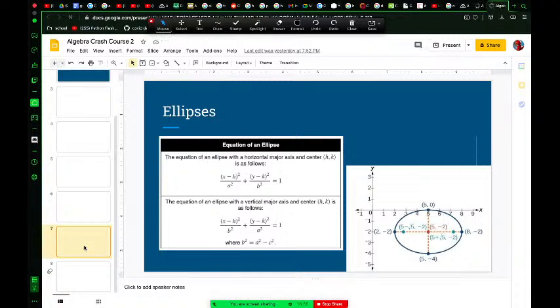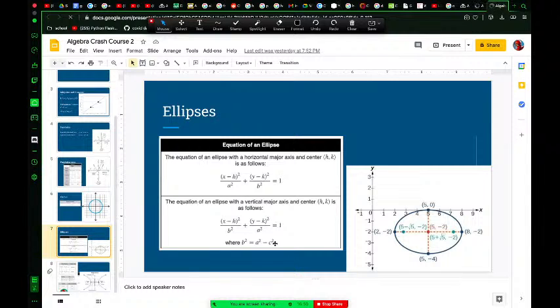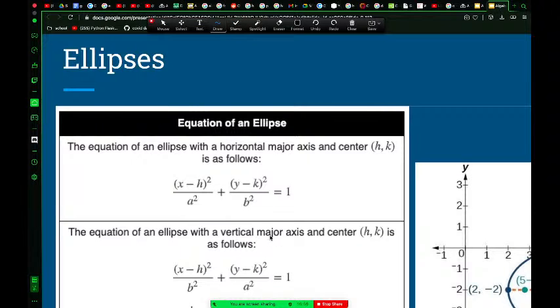Okay, the equation for an ellipse is right here. That's the equation. And how you find the points of the foci is you have to, basically, okay, let me take white.